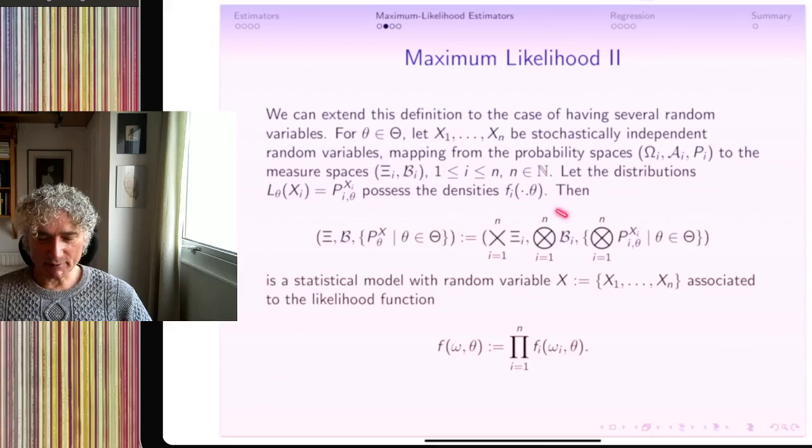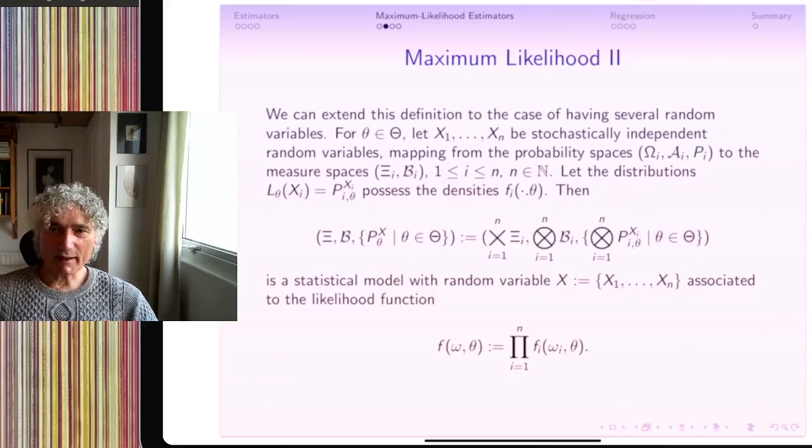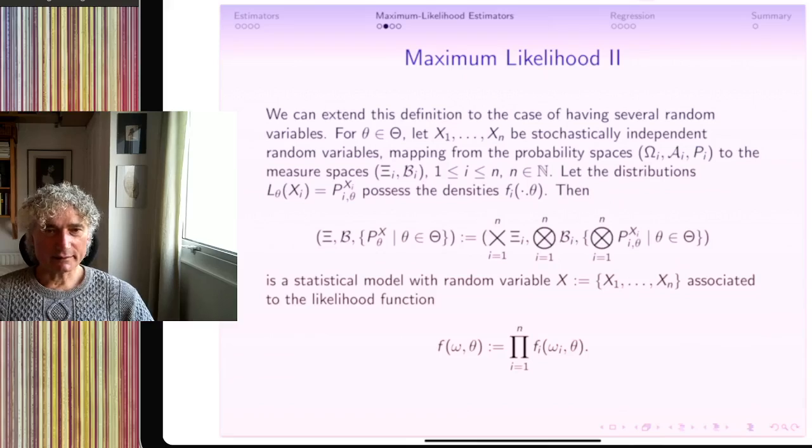Then the sigma algebras are just direct products of the sigma algebras of each of these measure spaces, and this family of probability measures is also just the direct product of all the families of induced probability measures, probability distributions, of the individual measure spaces. And we vary that, of course, with the parameters theta in capital Theta, the parameter set.